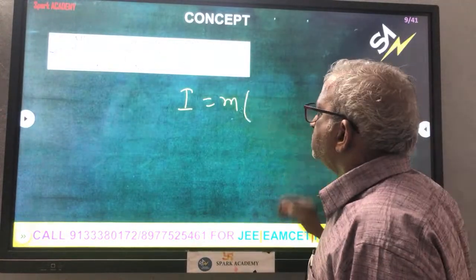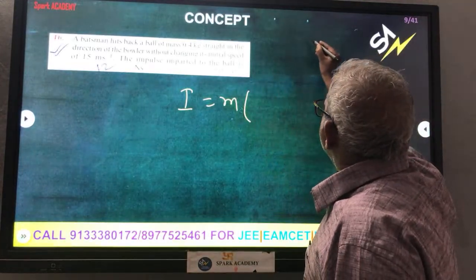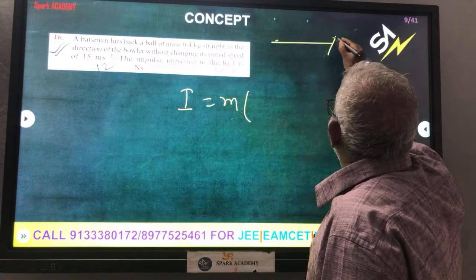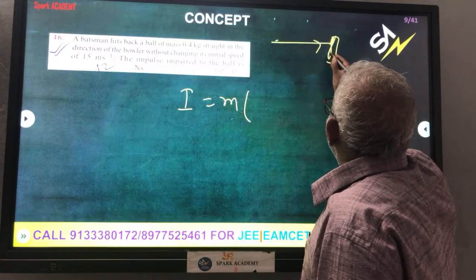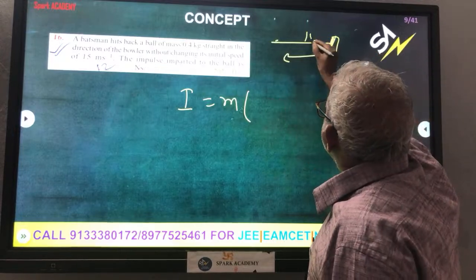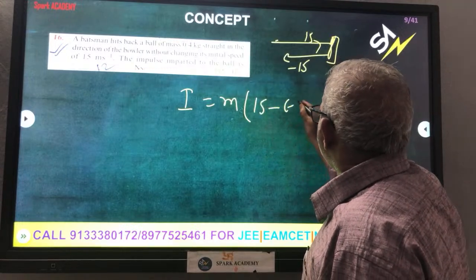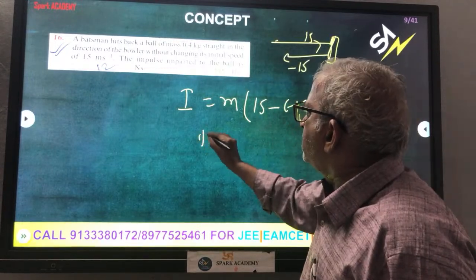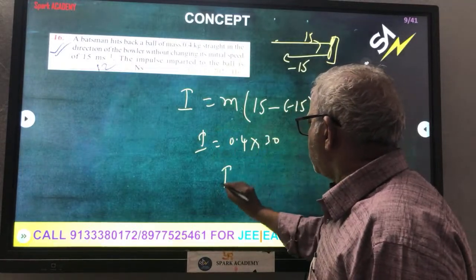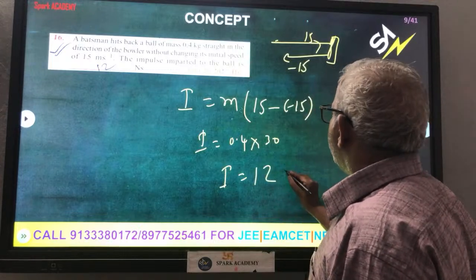It is the same diagram: the ball is hit and goes back, going at 15 and coming back at minus 15. So 15 minus of minus 15 is 30. Impulse equals mass 0.4 into 30, which is 12. The answer is 12 newton second.